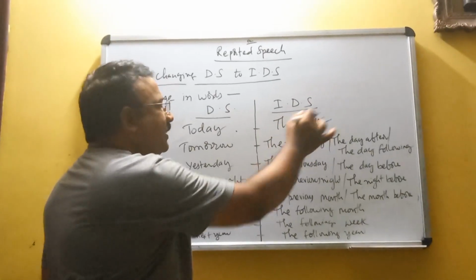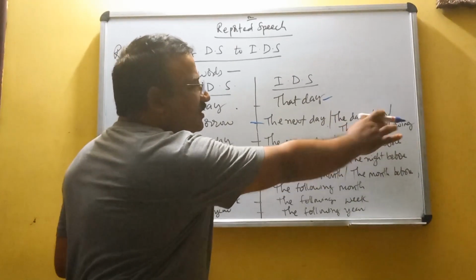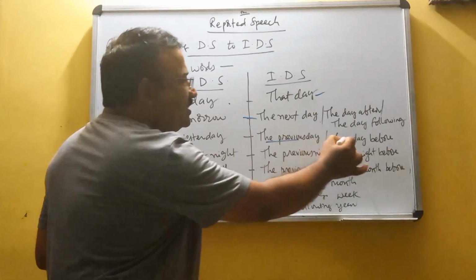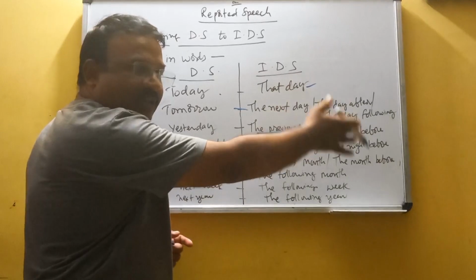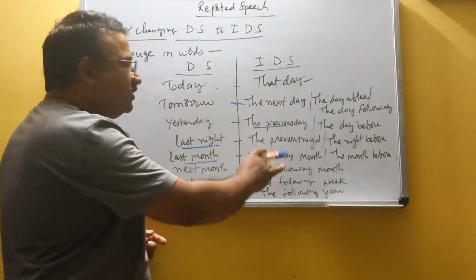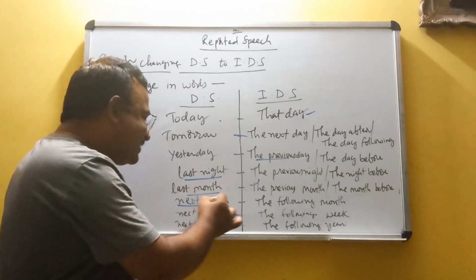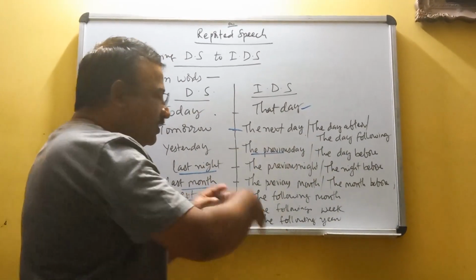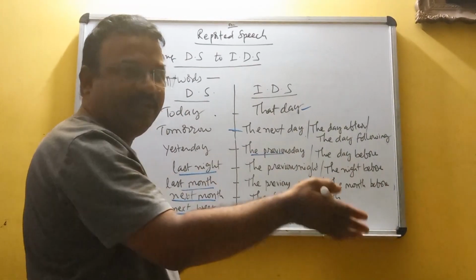Today becomes that day. Tomorrow becomes the next day, or the day after, or the day following. Yesterday becomes the previous day, or the day before. Last night becomes the previous night, or the night before. Last month becomes the previous month, or the month before. Next month becomes the following month. Next week becomes the following week. Next year becomes the following year.